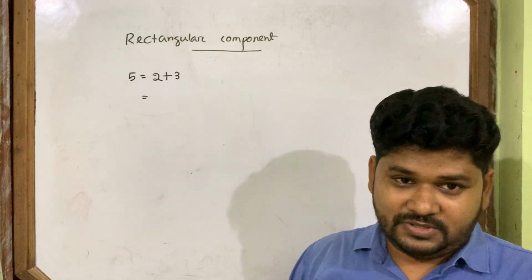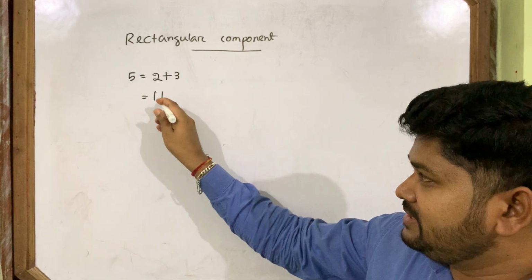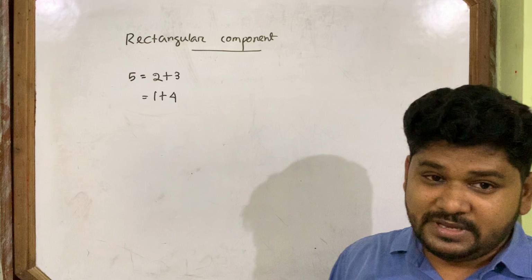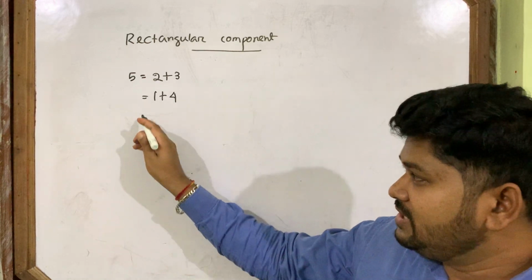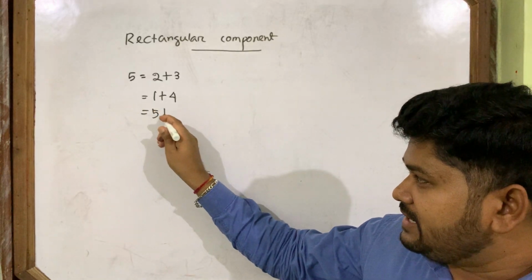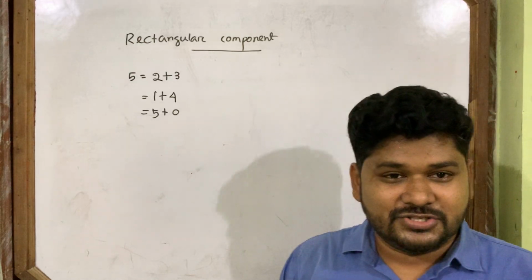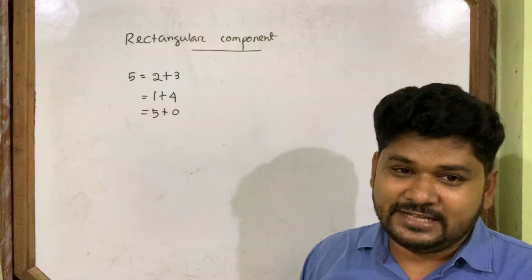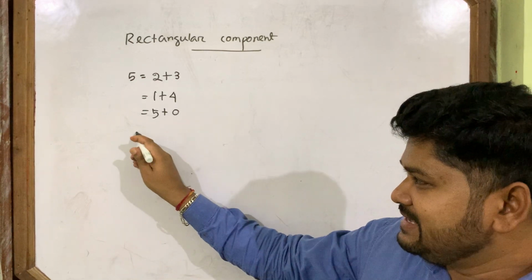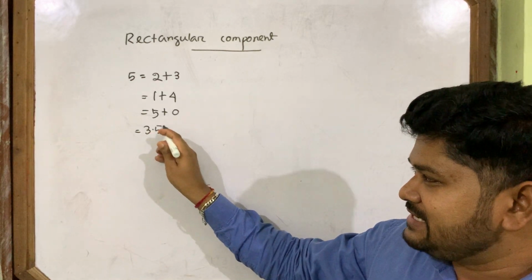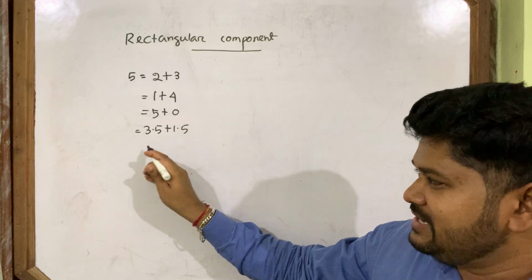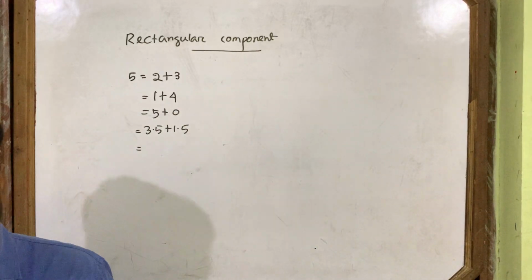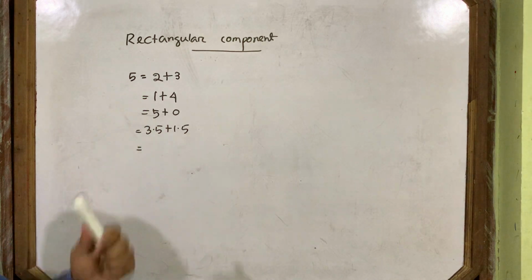You say 1 plus 4. Another pair? 5 plus 0. And if I allow you to go to decimals, like 3.5 plus 1.5, then the components will not finish. You will continue up to infinite pairs of components for this 5.